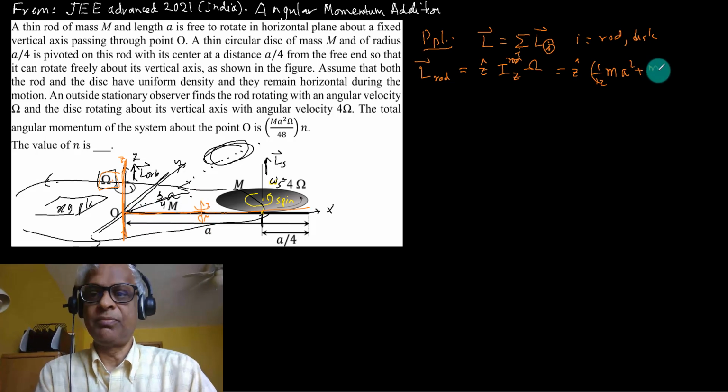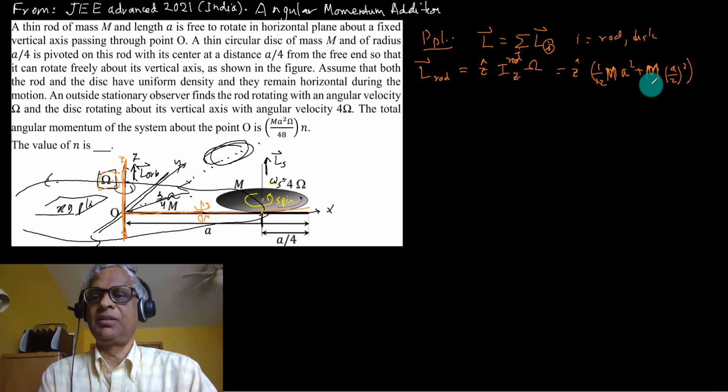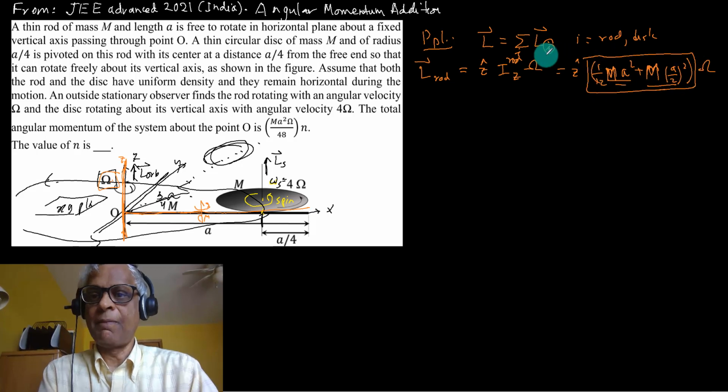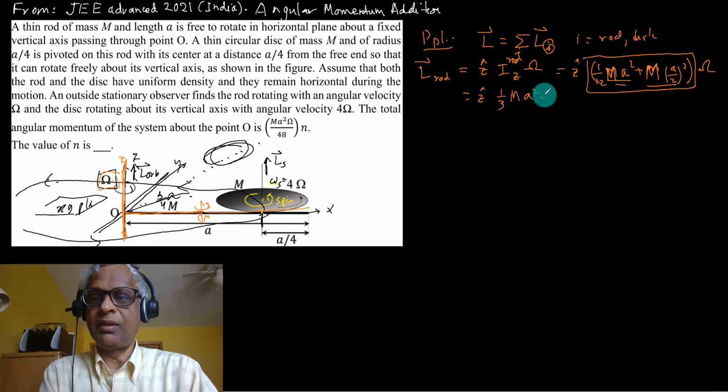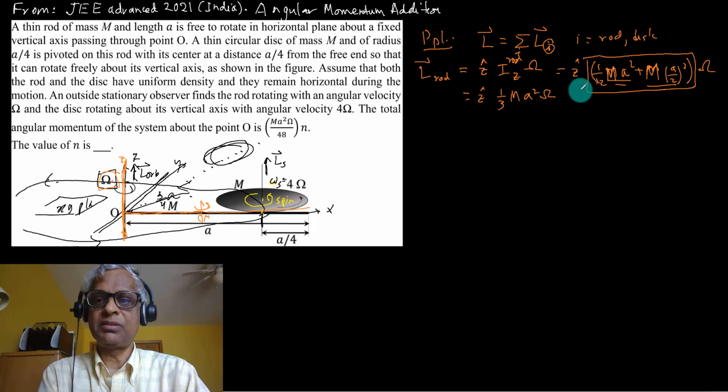So M times a over 2 squared. Using the parallel axis theorem like this, or you may already know the answer, the whole thing is 1/3. So that's z hat times 1/3 m a squared omega. So that's for the rod.